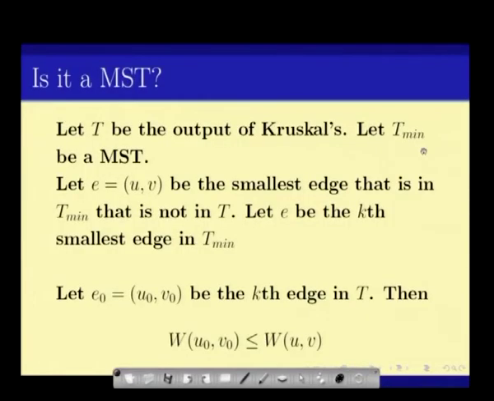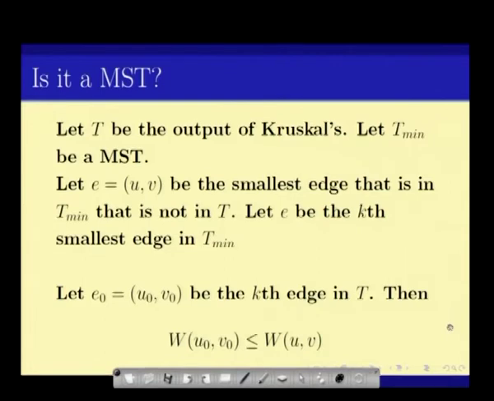It would not have created a cycle, because in the tree T min there is no cycle. T min had the same set of edges till I picked up this edge u v. So, the weight of u naught v naught must be less than or equal to the weight of u v.